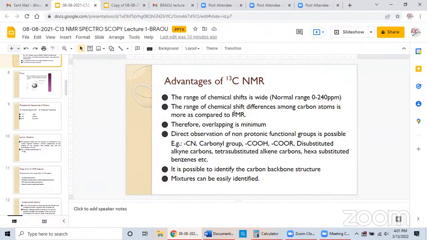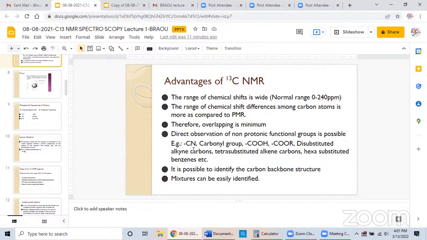There is a possibility of overlapping of signals in proton NMR, whereas in C13 NMR it normally does not happen because the chemical shift range is quite wide. Signals are nicely separated and overlapping is minimum.